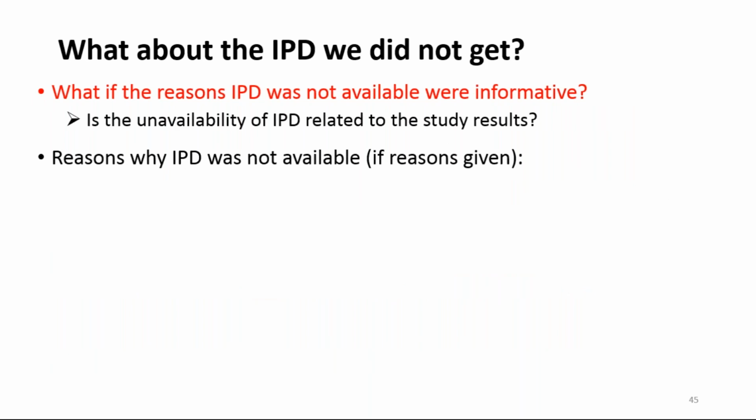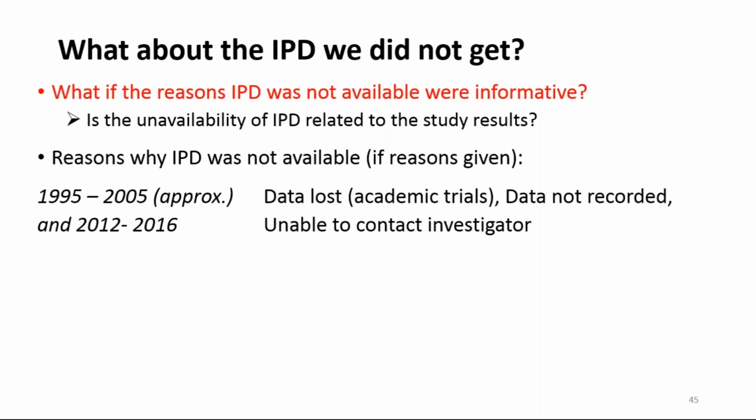Next, we can think about the reasons why IPD were not available, and if they were informative or in any way related to the results of the study. So we didn't always get a reason quoted for every study. Sometimes we were simply told that IPD wasn't available. But if reasons were given, just to briefly summarize some of them.